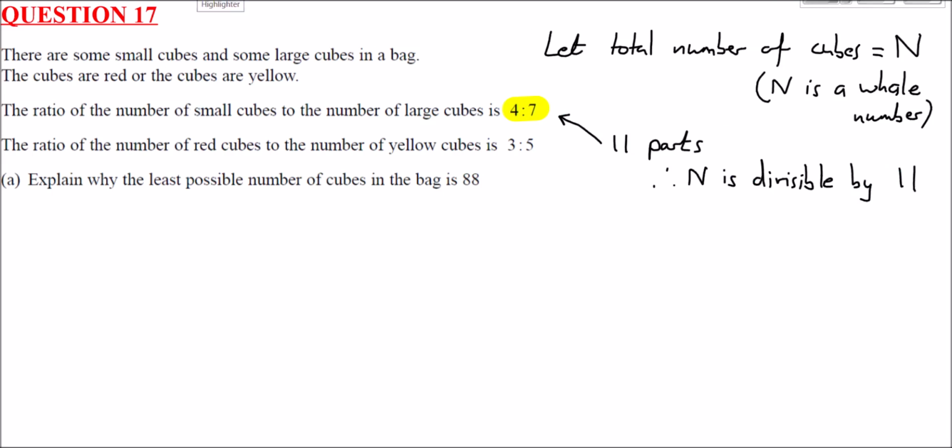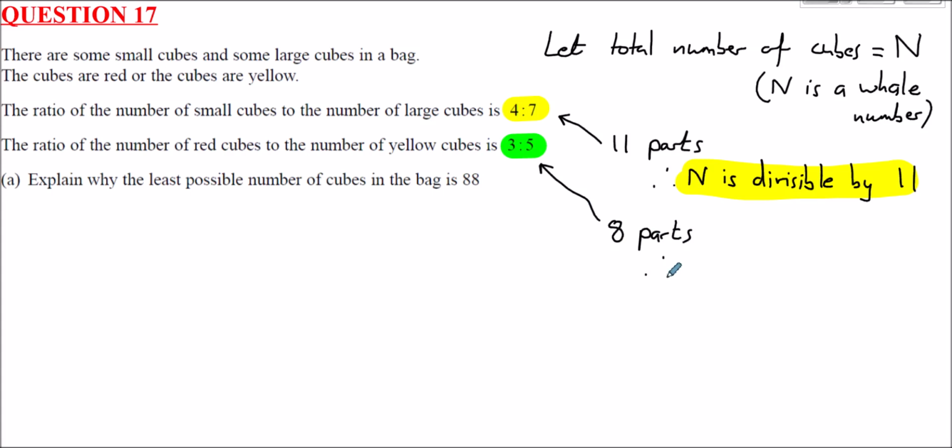And the next bit, as it says, the ratio of red to yellow is 3 to 5. And so red and yellow, those two properties are completely separate to the size of the cubes. So this 3 parts and 5 parts are totally unrelated to the 4 and the 7, because these are representing different things. 3 parts plus 5 parts is 8 parts.